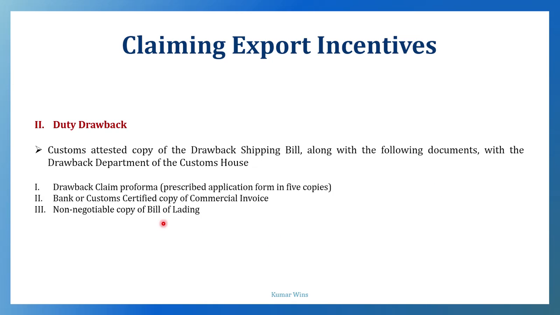Finally, if there is any other specifically prescribed document, the department people might ask you for it. Once the drawback department finds the claim to be correct, they dispatch the cheque of the claim amount to the exporter, or if the exporter desires, this amount will be sent to the exporter's bank for being credited to his account with intimation to the exporter.